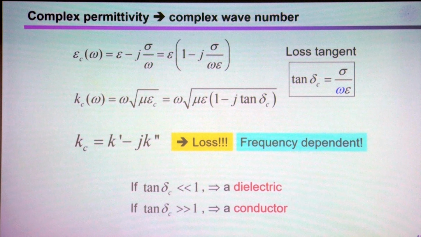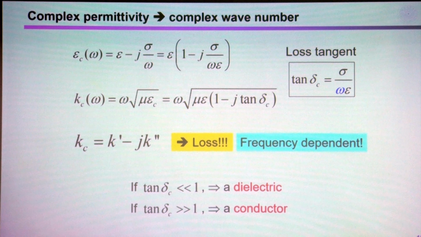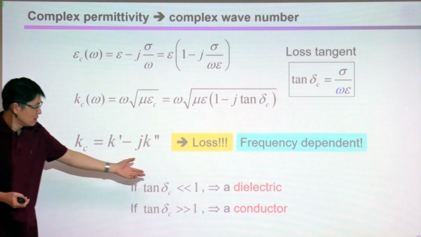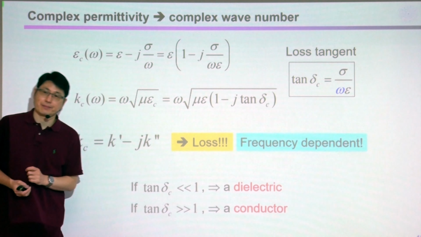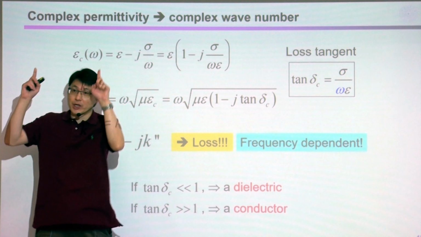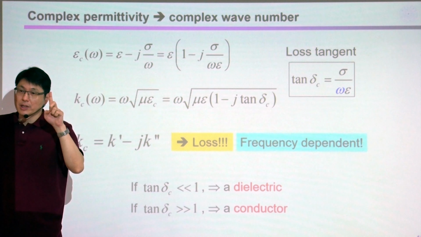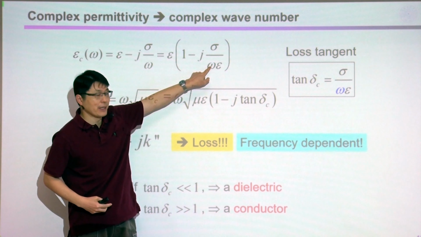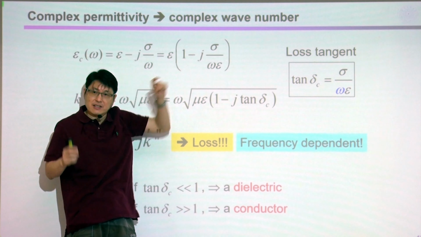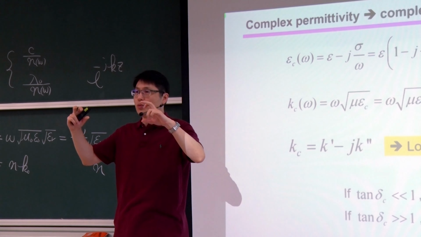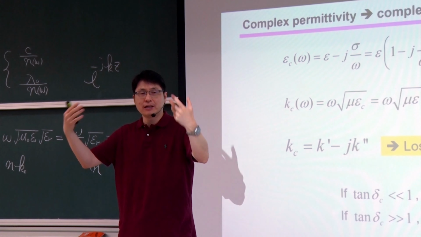So that means for the same material, when your wave is of a low frequency, it behaves like a conductor. Frequency very low, this term is very huge, okay? And when your wave frequency is very high, a very large omega is making this effectively zero. So the behavior of that material would be more like a dielectric.